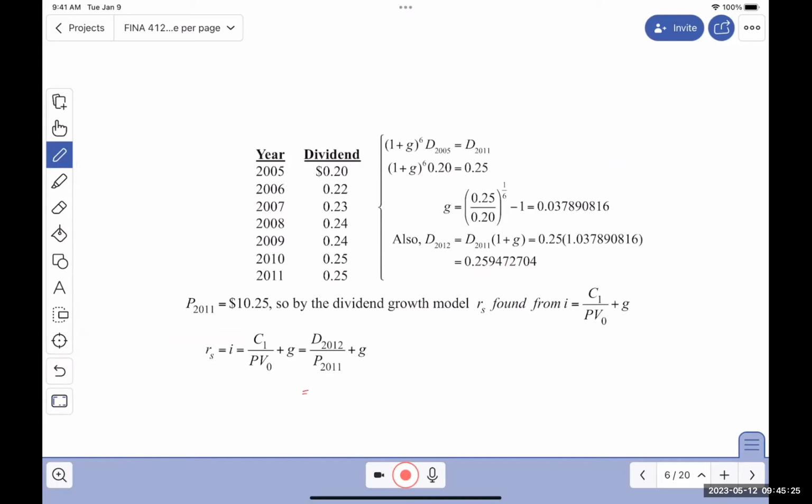But per share, it's going to be this number. The price, I give it to you, is this one. And then the G, I've calculated already, is here. That's it. What do you get?